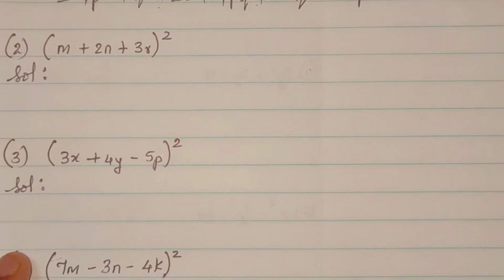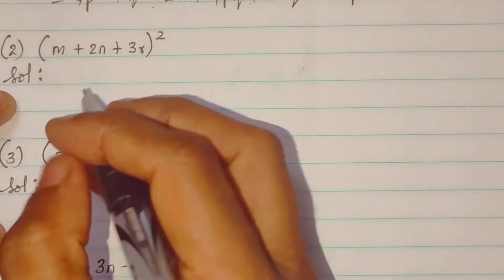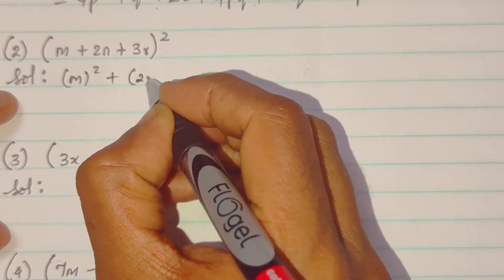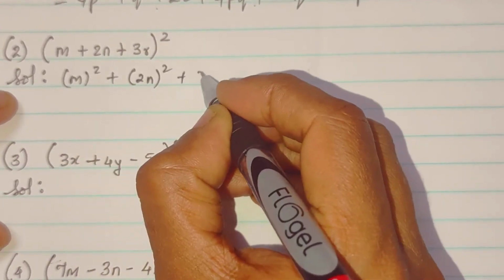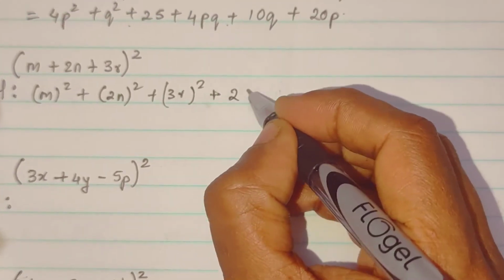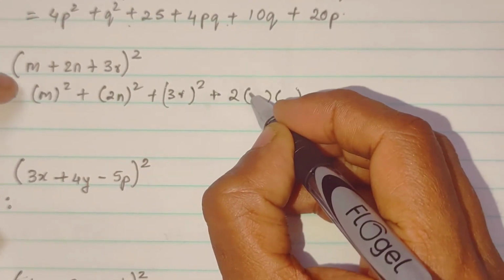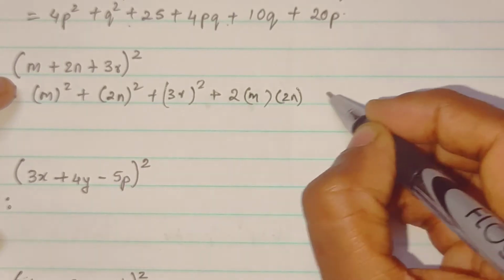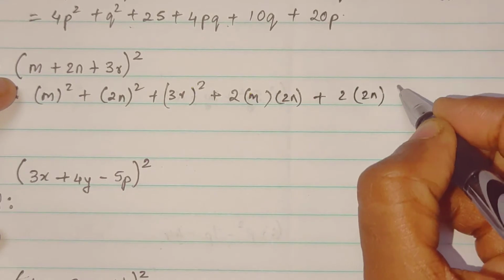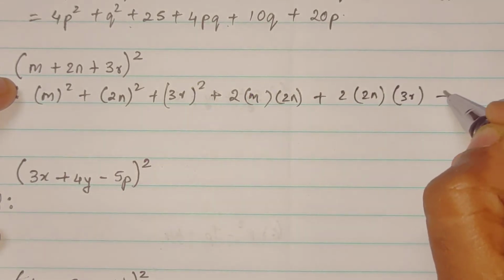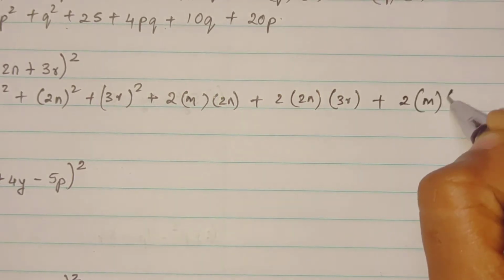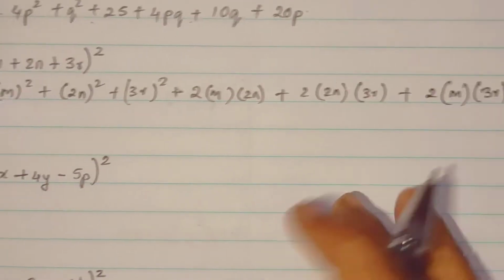Now, second, using the formula a square, b square, c square, 2 into a into b, plus 2 into b into c, then plus 2 into a into c.